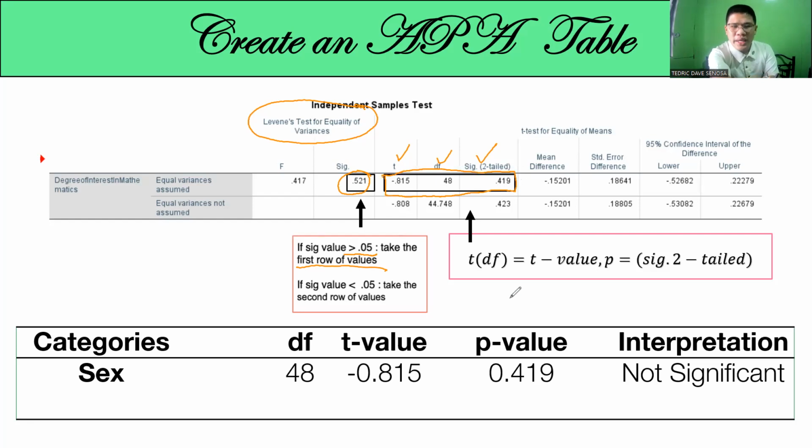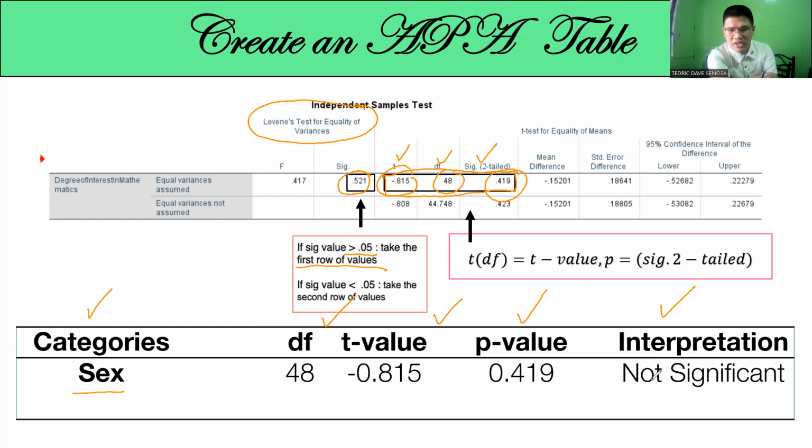So how do we put it in tables? There are 5 columns here: the categories, the sex, and of course the df, which is 48. Your p-value is here. Okay?